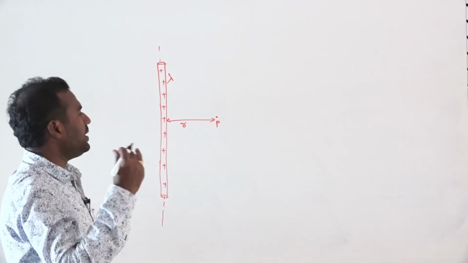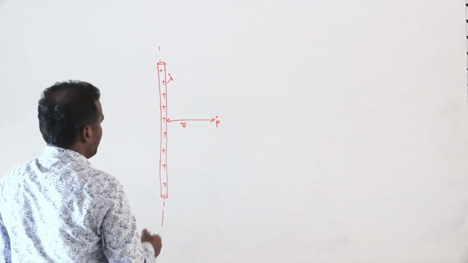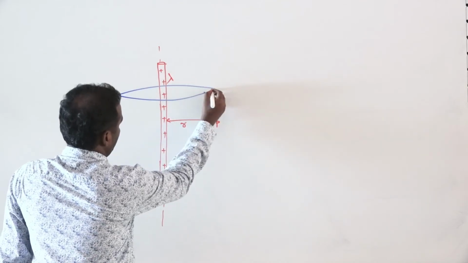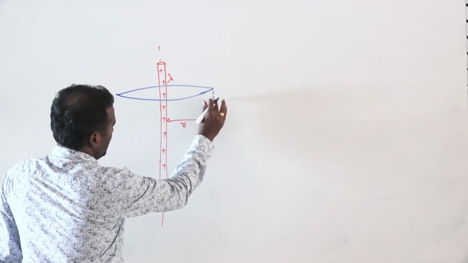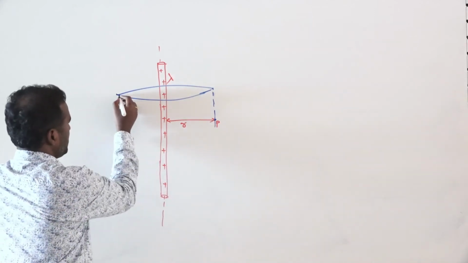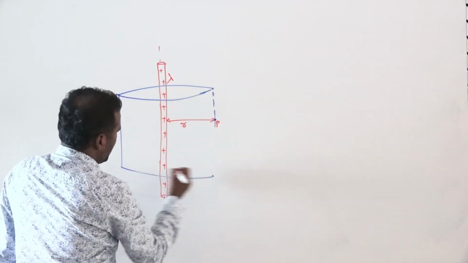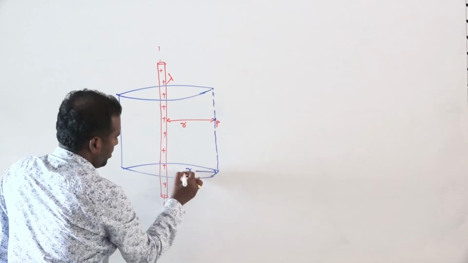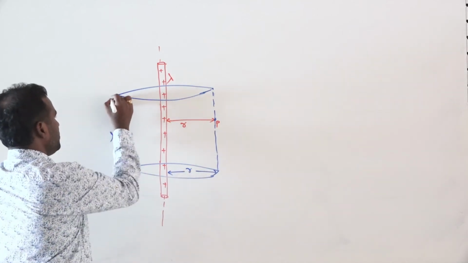So the suitable Gaussian surface for this, I am choosing a cylindrical Gaussian surface. This is the point P, of course. The cylindrical Gaussian surface has a radius r and a length L.